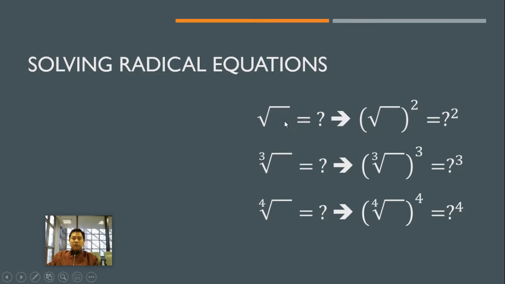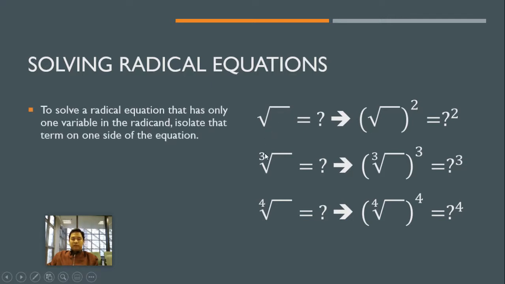So for us to solve an equation involving radicals and get rid of the radical symbol, we do the inverse of the power. Since the power for a square root is 1 half, it will only be gone if we take the square of the whole equation.